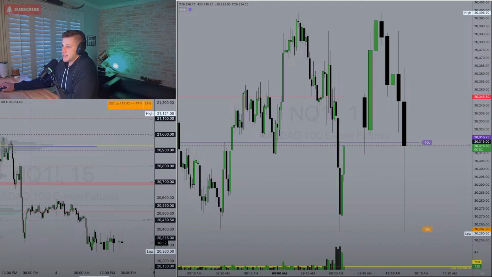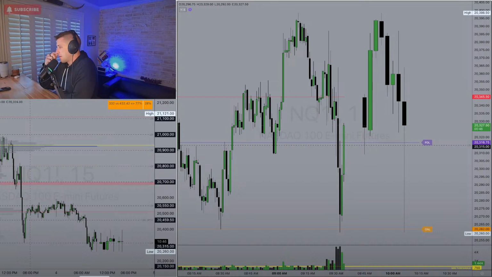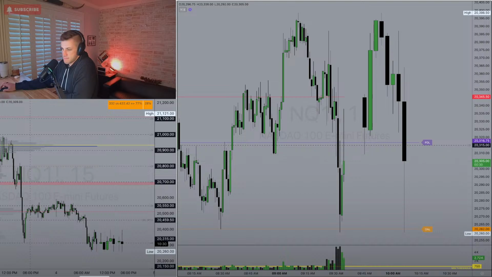All right, NQ retesting prior day low. So you get the little sweep of that overnight low back into the prior day low. So a little overnight low spring setup. No position for me there. See how this 315 is gonna be treated.